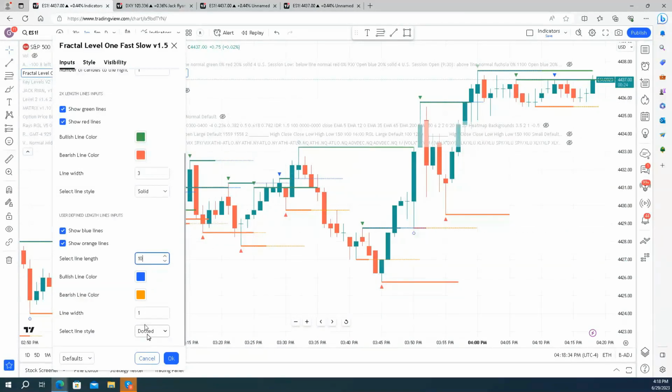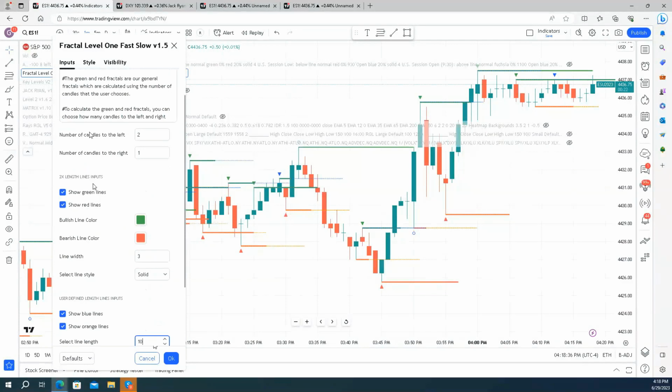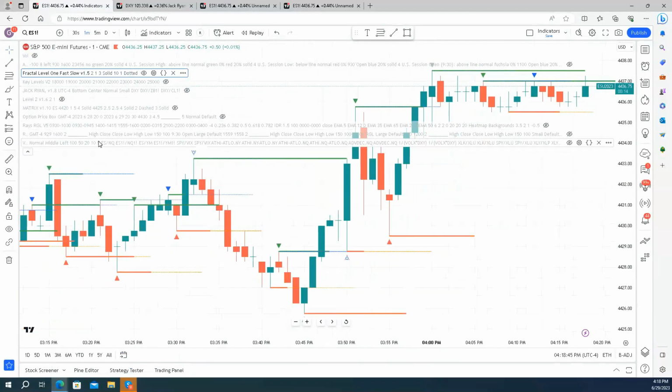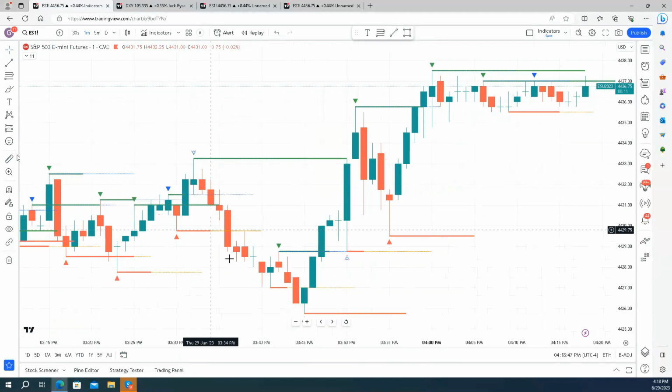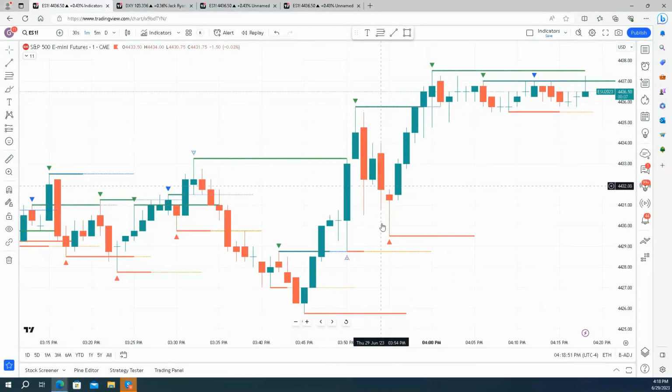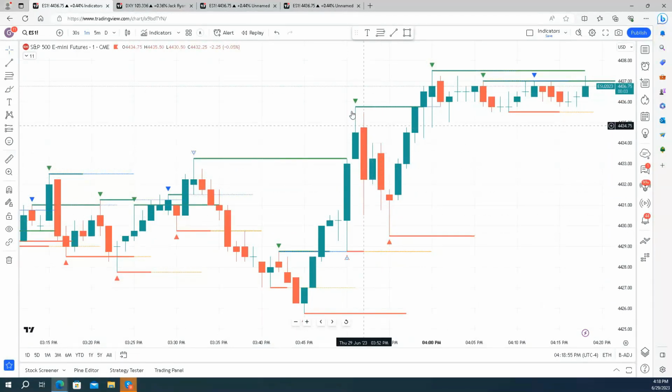But what I wanted to see is a line drawn that gave me 2 times the length of the fractal. So let me just clear this up. If we look at a fractal between this fractal and this fractal, we could see it took 1, 2, 3, 4, 5 candles to make that fractal.